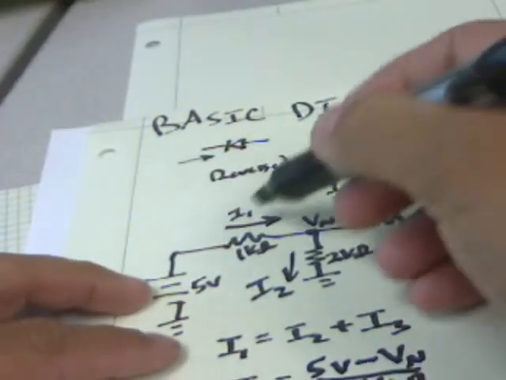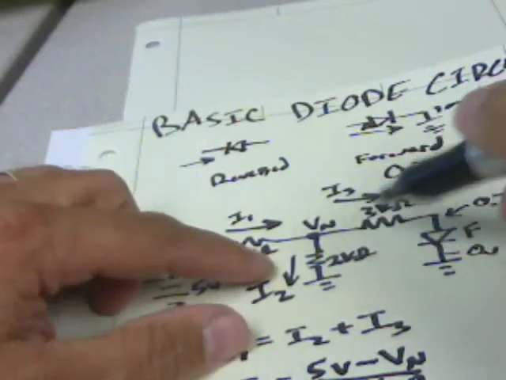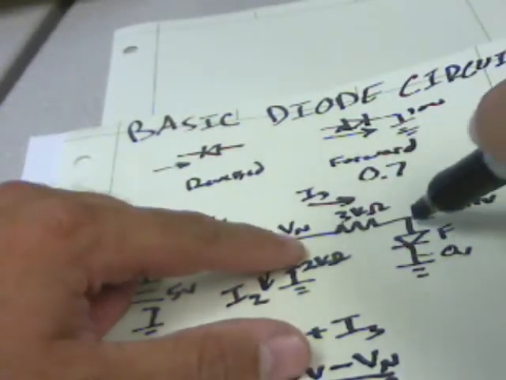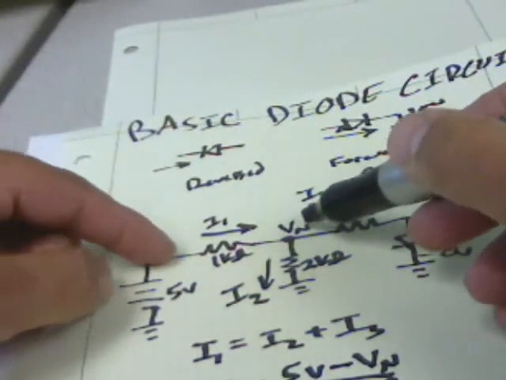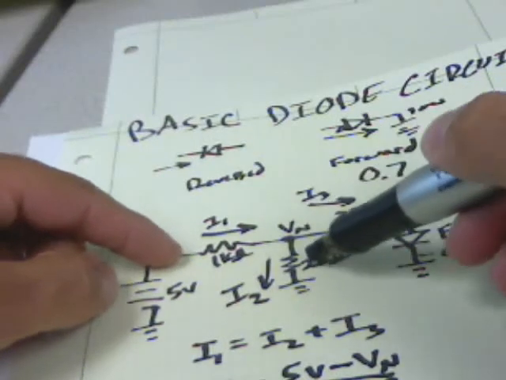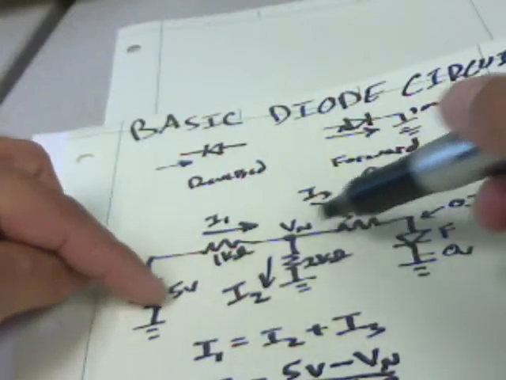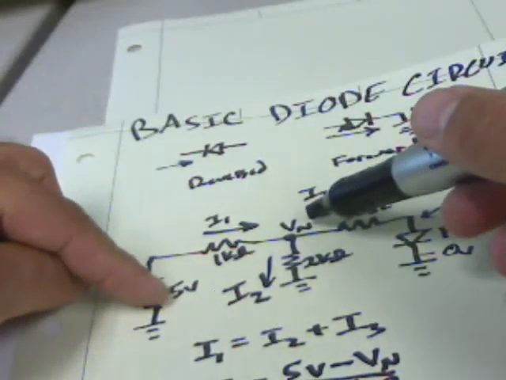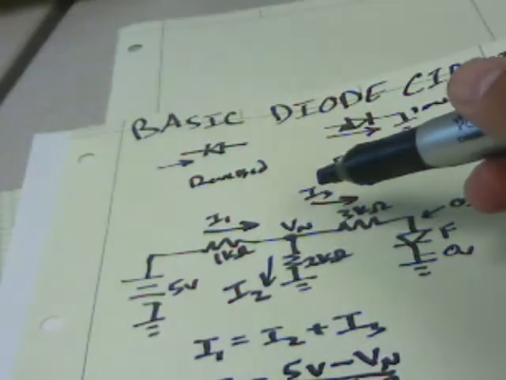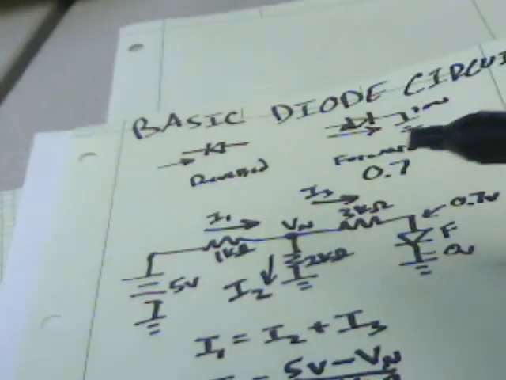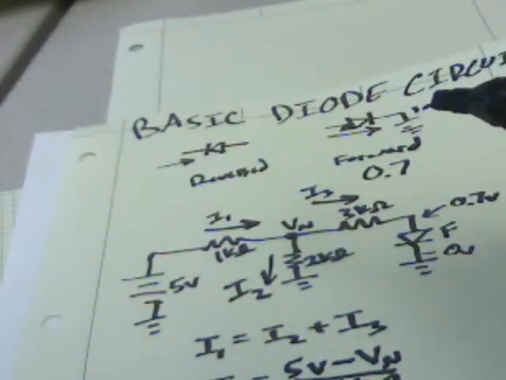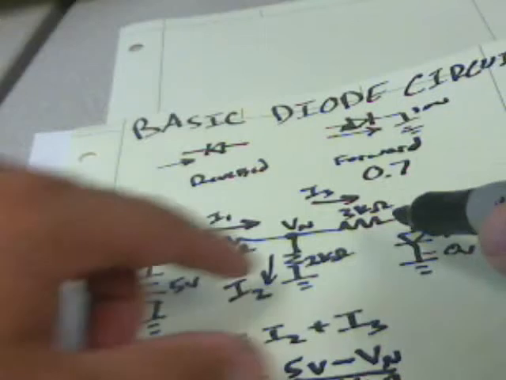In fact, we don't really even have to do the math. That's just the voltage divider: Vn is 2/3 of 5, and 5 times 2 divided by 3 is 3.33 volts.